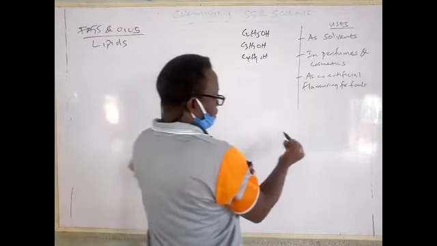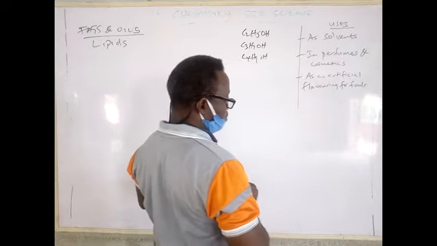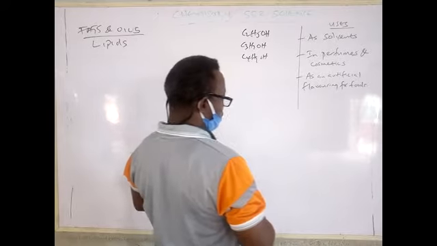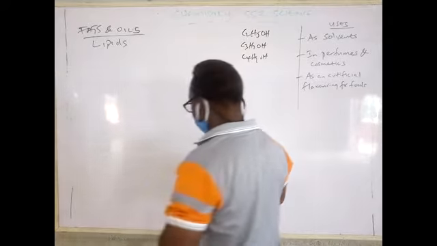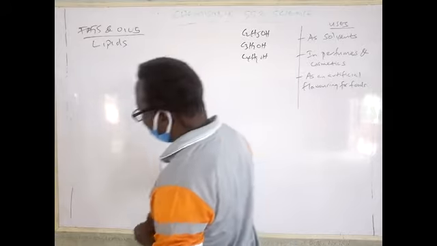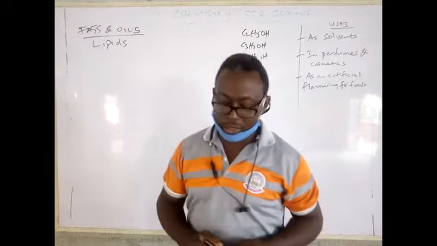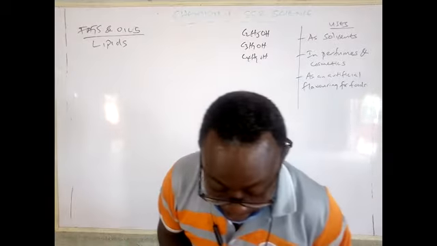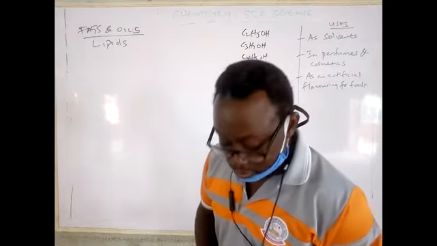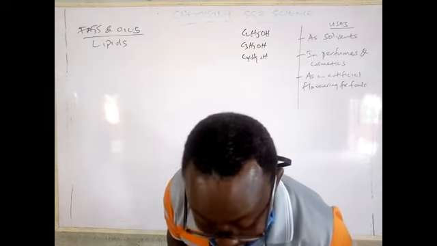But we have ethane-1,2-diol, which is a dihydric alkanol, and we can have propane-1,2,3-triol. Propane-1,2,3-triol is a trihydric alkanol, and the common name of propane-1,2,3-triol is glycerol.